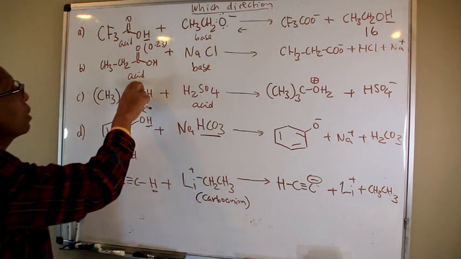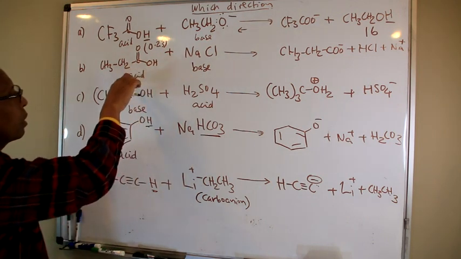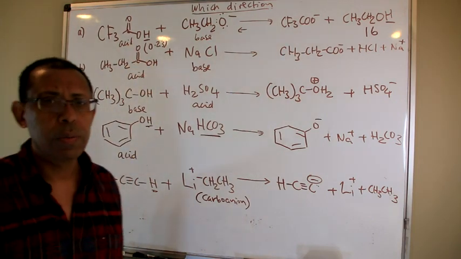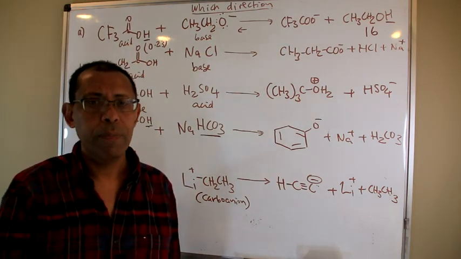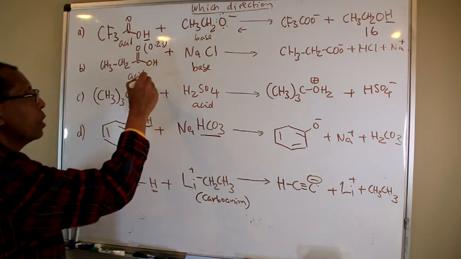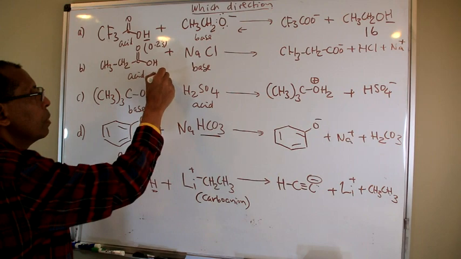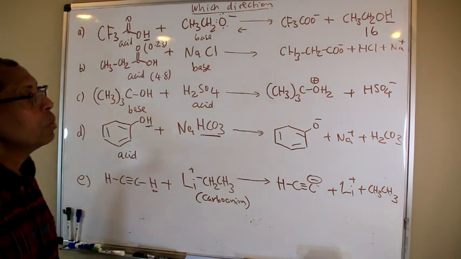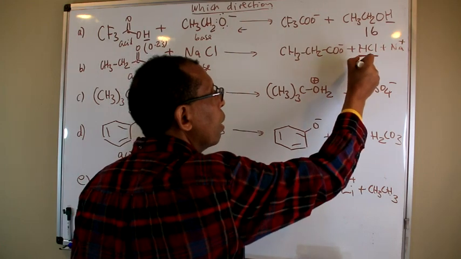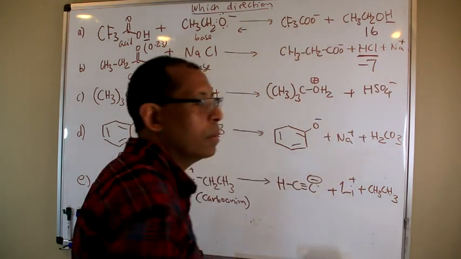In the next one, this acid is a carboxylic acid, and carboxylic acids have a pKa of about 4.8. And now you are trying to generate this acid, which has a pKa of -7.